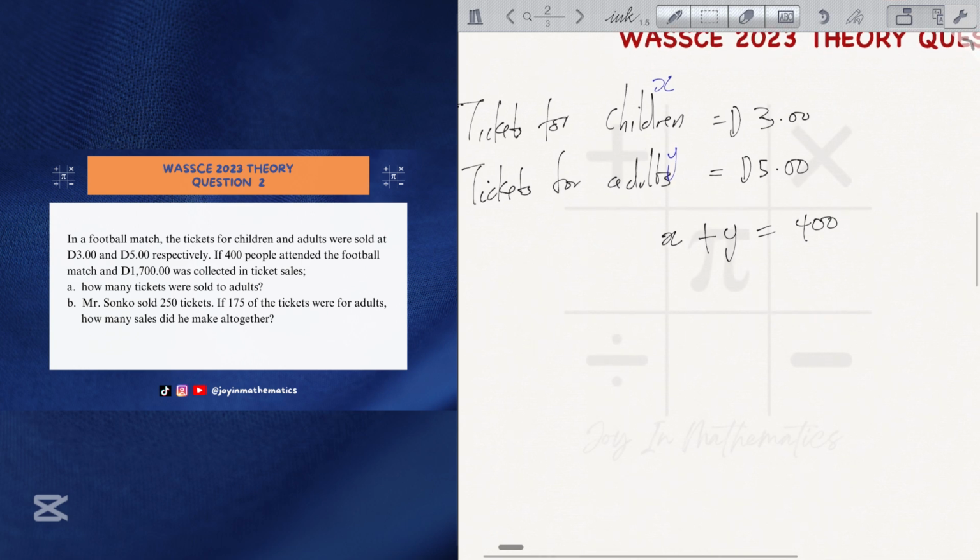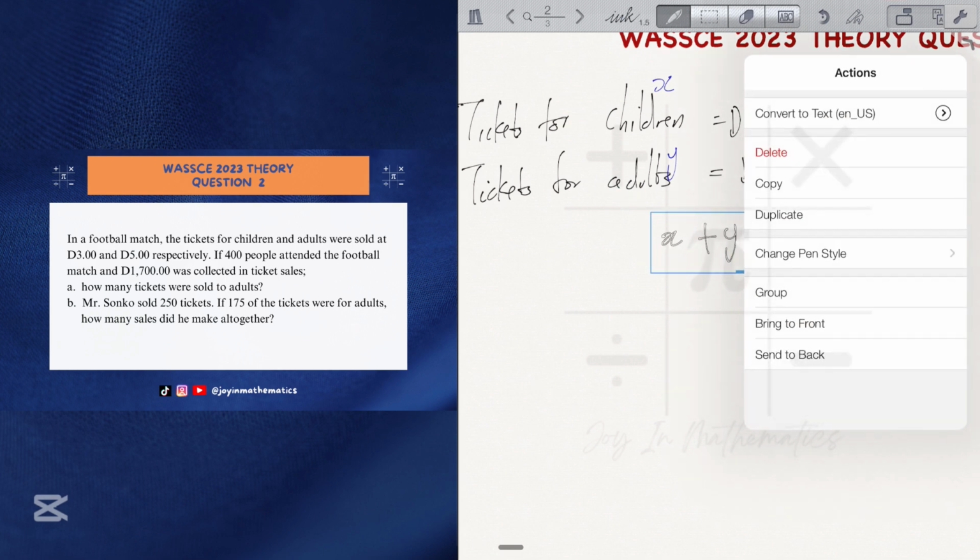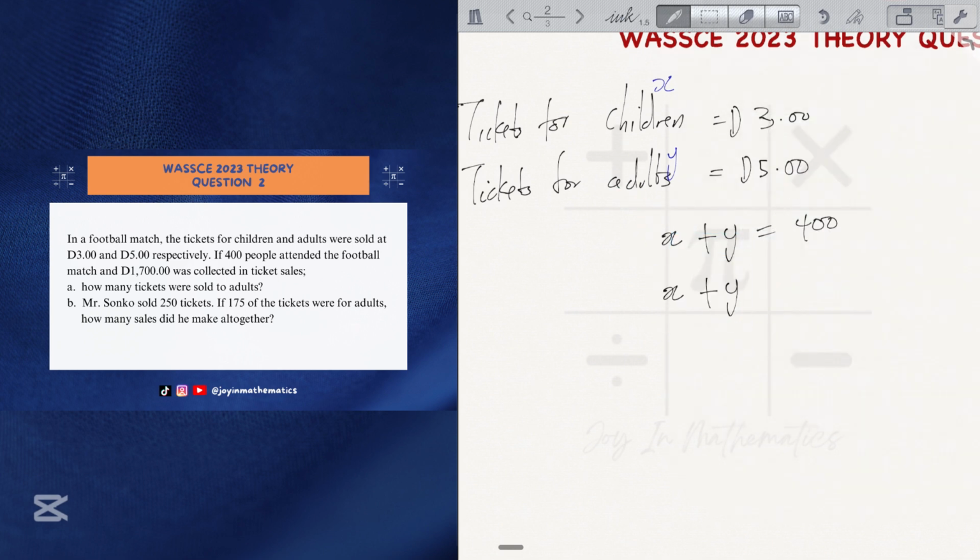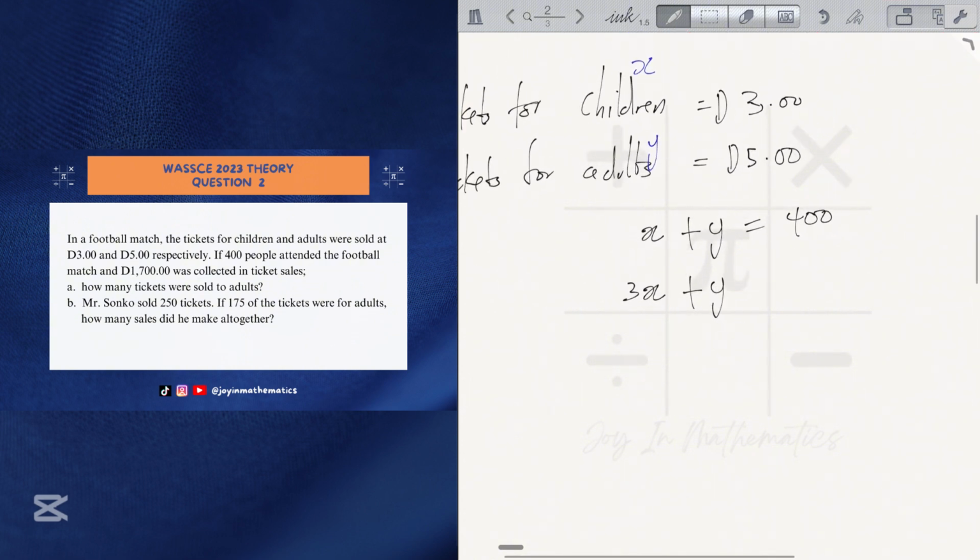That means the children pay $3 per person, adults pay $5 per individual, and the two sum up to give us 1,700. The question now says how many tickets were sold to adults. So that means we are looking for Y.